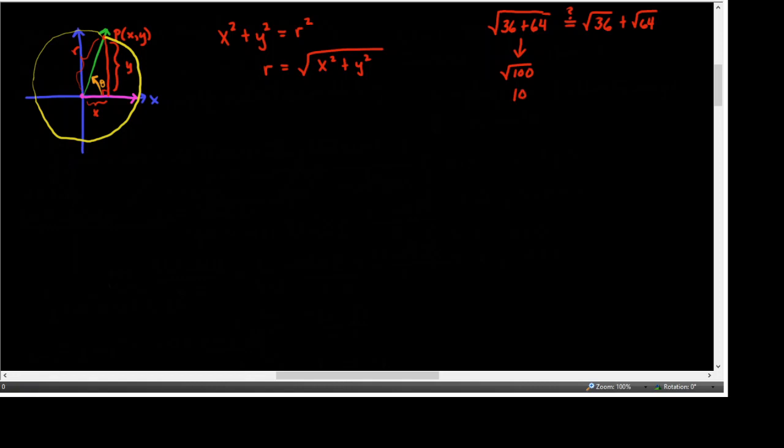That's what it's really equal to. The square root of 36 is 6. The square root of 64 is 8. 6 plus 8 is 14. That and 10 are not the same. So can the square root of x squared plus y squared be simplified to be x plus y? No.